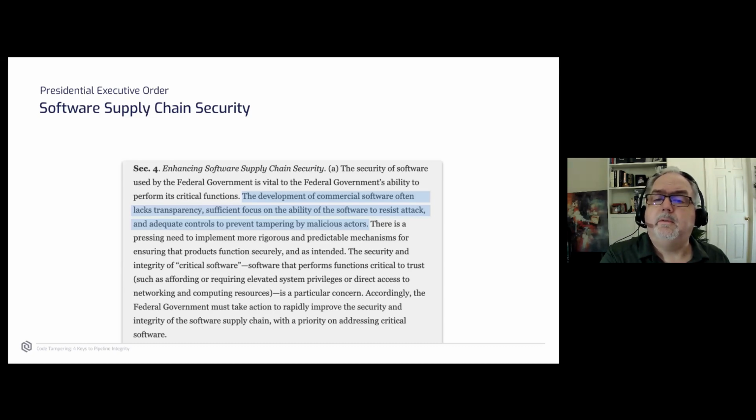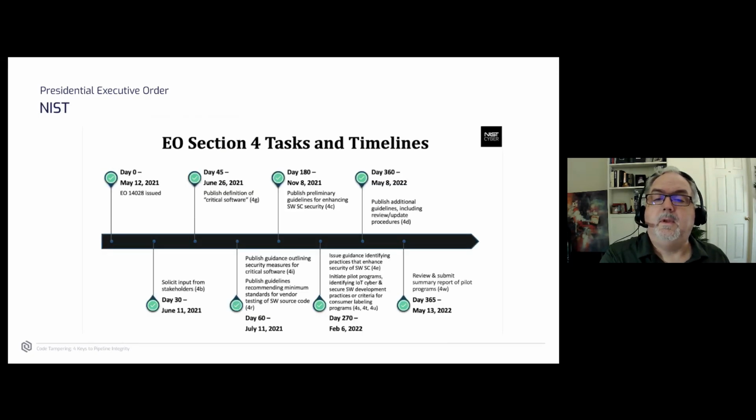The order focuses specifically on how this affects the federal government. But these challenges affect all of us, and the private sector will likely coalesce around the standards established by this order. The order laid out a one-year schedule for research and publication of findings.